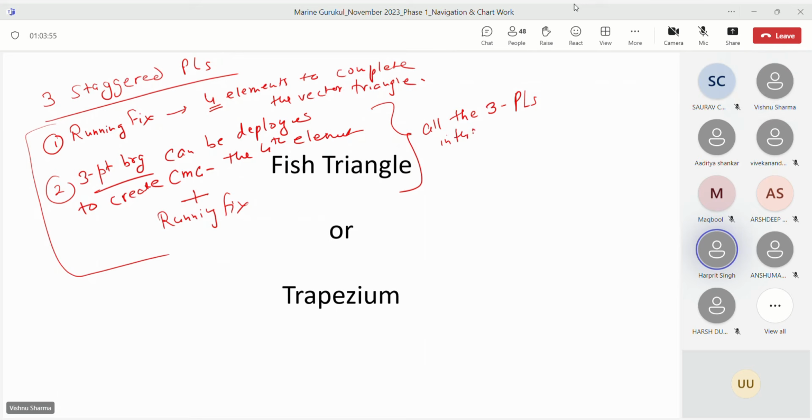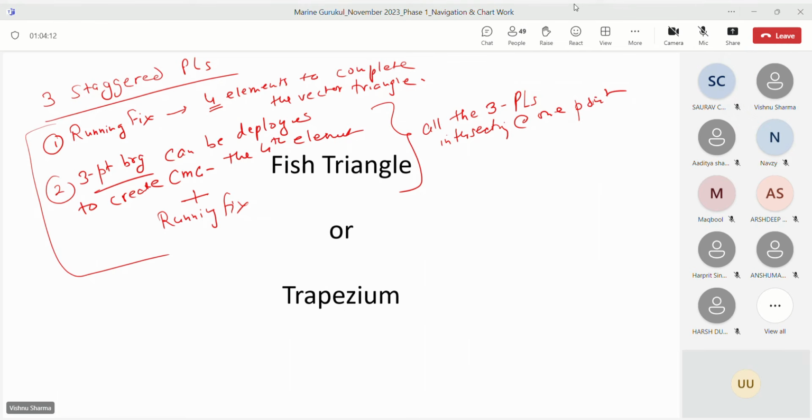A common point. The most important thing is that all the 3 PLs must intersect at 1 point. Then only 3-point bearing is applicable. Yes or no? Yes, sir.